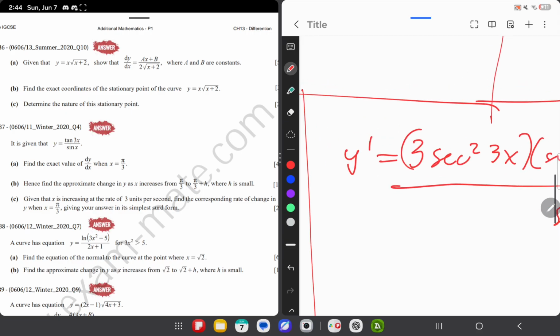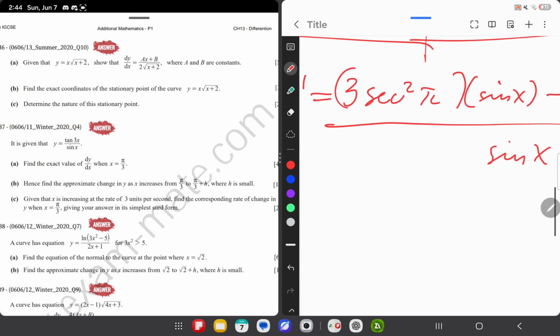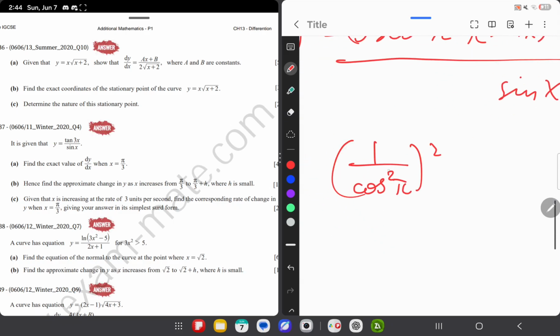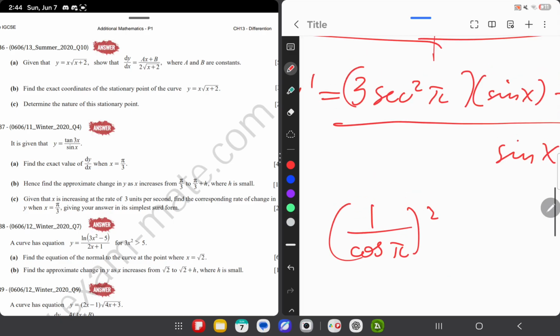Evaluating this at pi over 3, you get pi. What is secant squared? It is 1 over cosine squared of pi. Now this is the same as cosine of pi, and pi is 180 degrees, so the value would be -1. So -1 squared is 1.